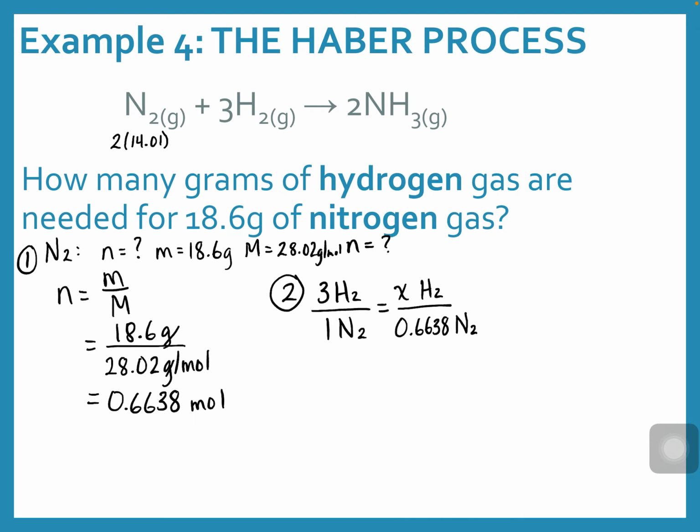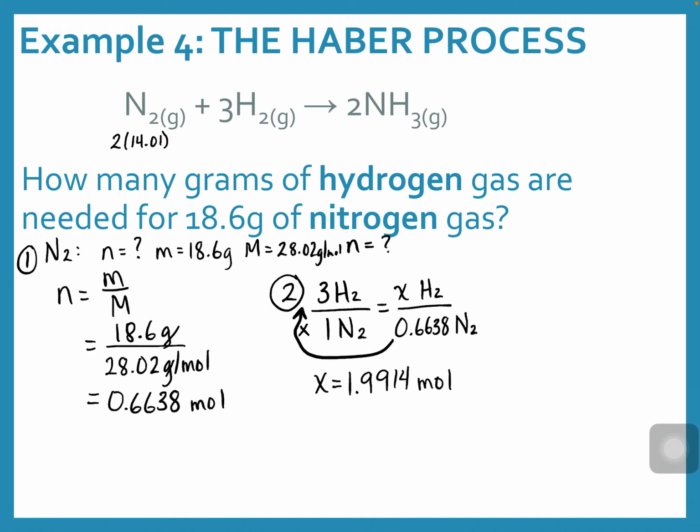So to solve for x, I'm going to undo that division by 0.6638 by multiplying it over to that side. Keeping that number in your calculator, the 0.663 and whatever the rest of the digits are, I'm going to multiply that by 3, divide by 1, which I don't have to actually plug in. And so that would give me the number of moles of hydrogen is 1.9914.